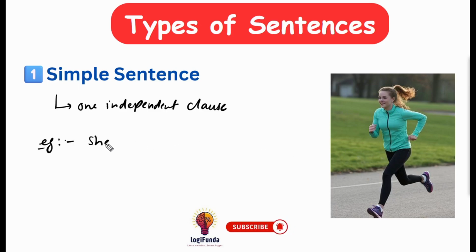For example, she runs every morning, right? So when you have only just one independent clause, these types of sentences are known as simple sentences.